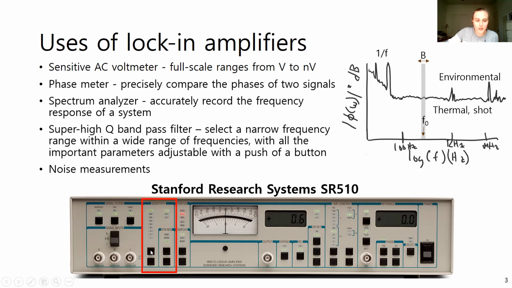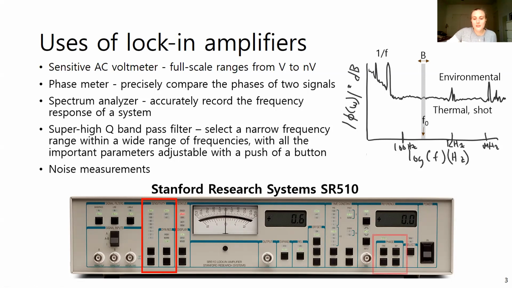You hit these black buttons over here, and then the range goes from millivolts to microvolts to nanovolts. It's very important when you're using these not to overload the sensitivity. You have to have the right range selected, and also this is the dynamic reserve or dynamic range that we discussed in the last lecture, which you can easily overload.